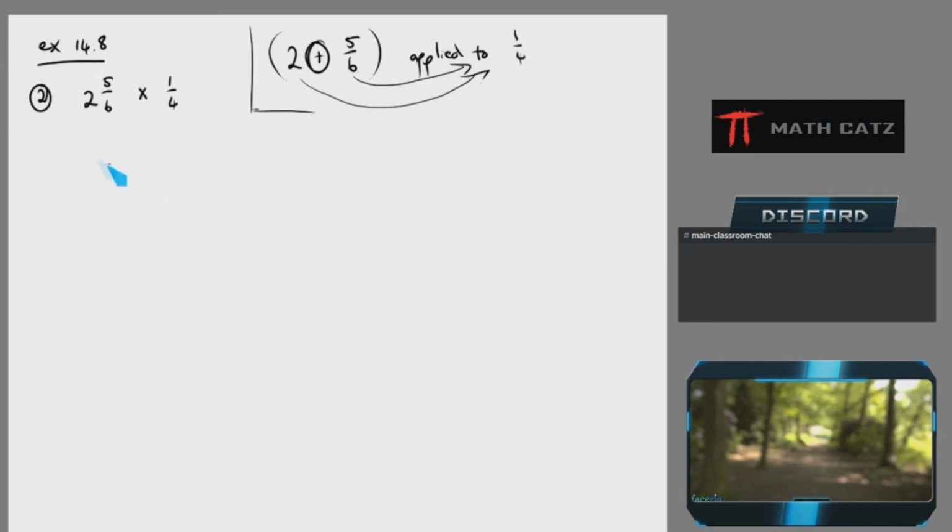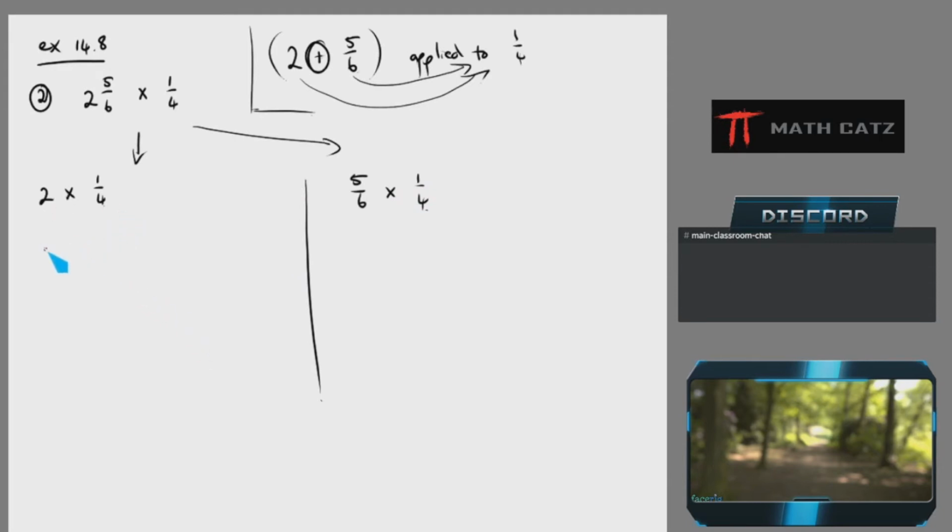All right, so let's say we're going to split this up like so. I have a little divider line here. First, I'm going to take 2 times 1/4, and then I'm going to take a little fraction portion of that mixed number. And it's going to be done separately, and then I'll merge them at the end.